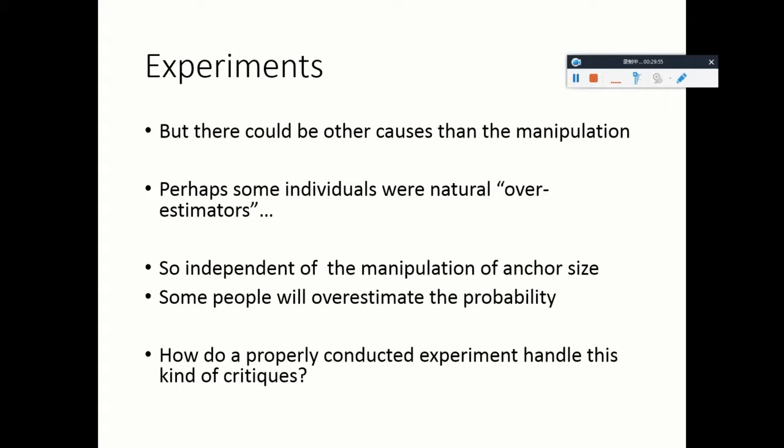How do we handle this critique, imagining that this critique is from a colleague or a reviewer if you submit your paper for publication, right? That is, hey, other than your manipulation, there could be some other causes that result in the effects that you just observed. So you cannot confidently say that it is because of your manipulation that results in the effect. There could be alternative explanations, right? How do we handle this?